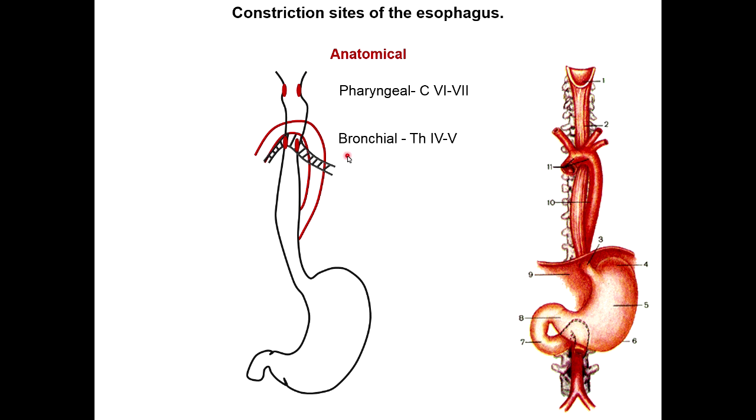Then so named bronchial constriction site at the level of thoracic fourth and fifth vertebrae.